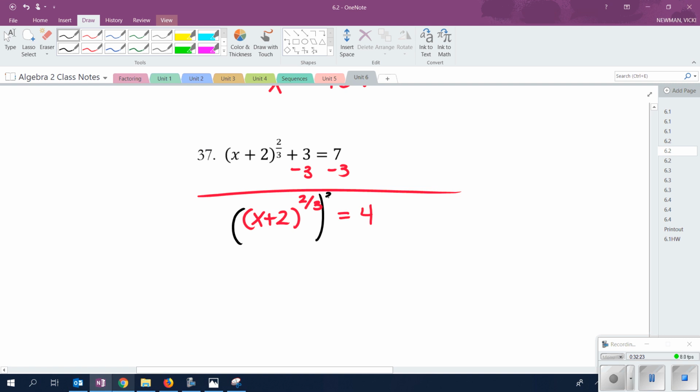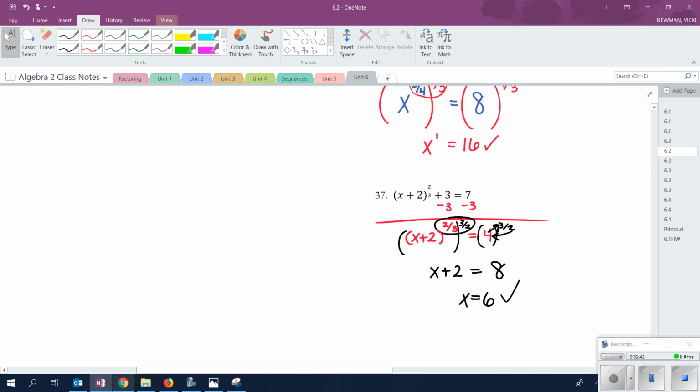Raise to the reciprocal. Beautiful. So they multiply to be 1, so x plus 2 equals, square root of 4 is 2, 2 cubed is 8. What's x equal? 6. Okay, I'm going to tell you it checks.